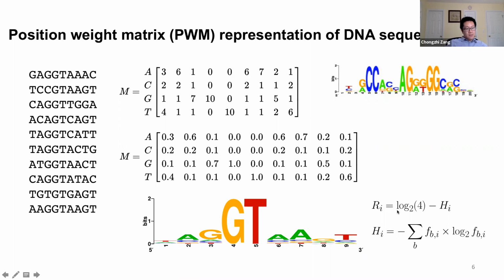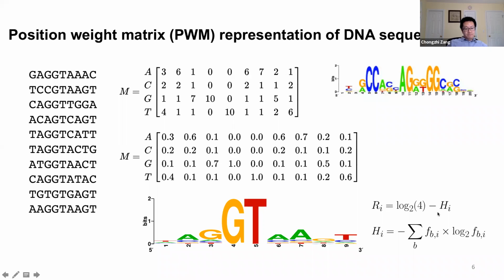Because this is a DNA sequence, we have only 4 nucleotides. So 4 nucleotides contain 2 bits of information, which means that 2 bits of binary numbers can represent all the information of one of the 4 possible nucleotides.